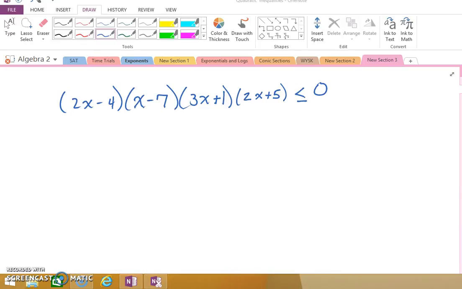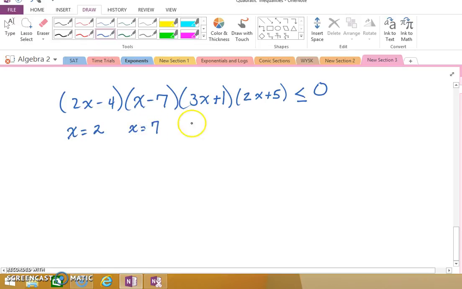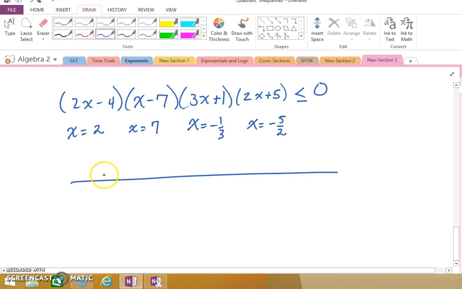Now we get x is equal to 2, x is equal to 7, x is equal to negative 1/3, x is equal to negative 5 over 2. So we've got negative 5 over 2, negative 1/3, 2, and 7.